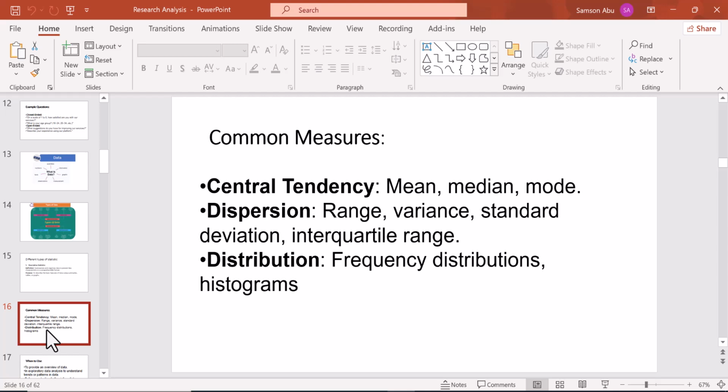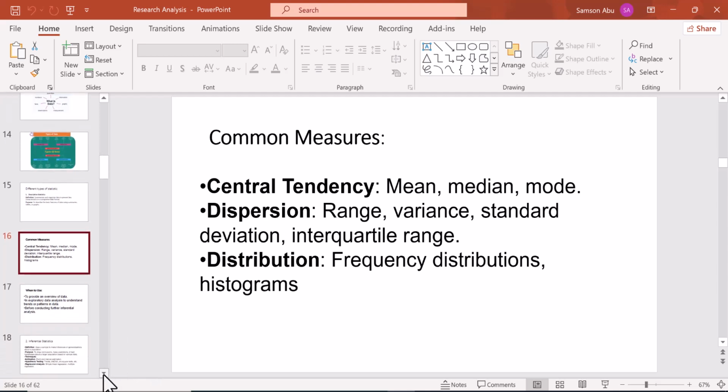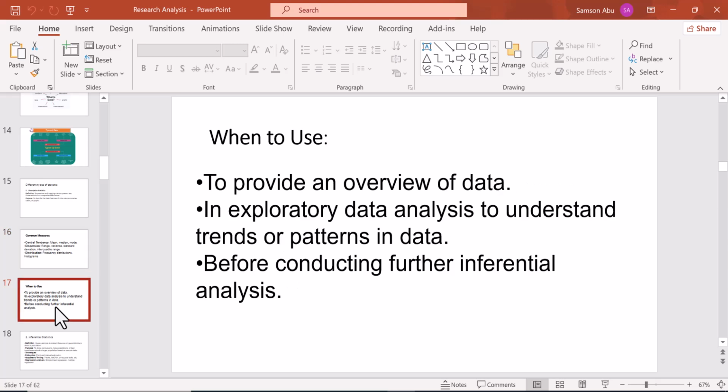I've said this: the mean, median, mode, that is central tendency. For dispersion, we have range, variance, standard deviation, interquartile range. Then for distribution, the frequency distribution, and it can be on a chart, that is your histogram. Then when to use it: to provide an overview of data.